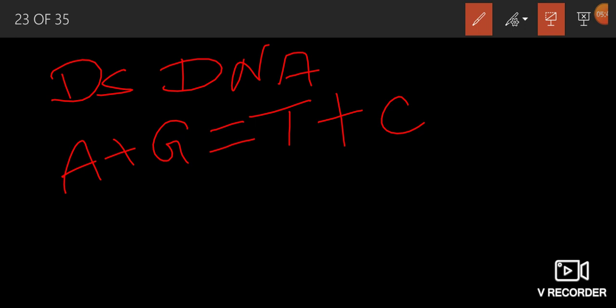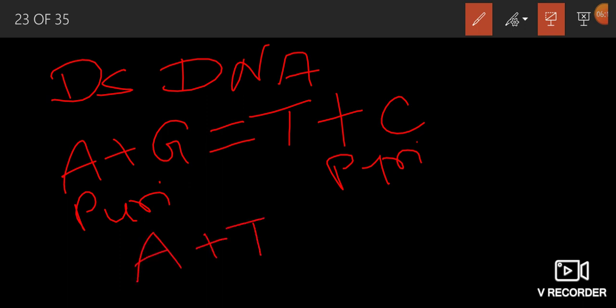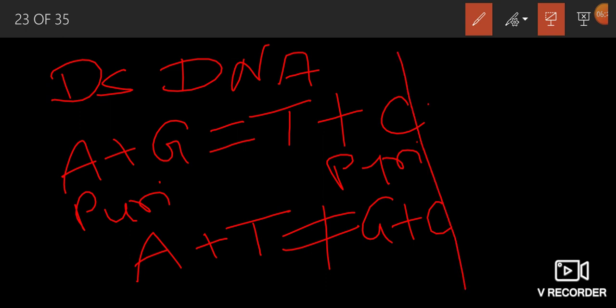So the number of purines, A and G, equals the number of pyrimidines, T and C. A plus T is not equal to G plus C. The number of adenine equals the number of thymine, and the number of guanine equals the number of cytosine.